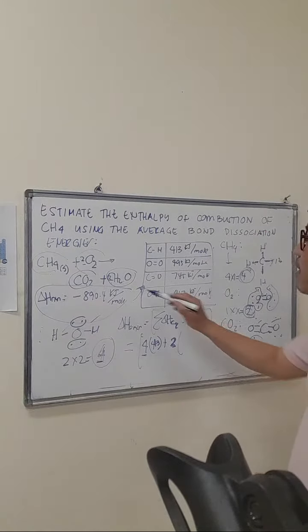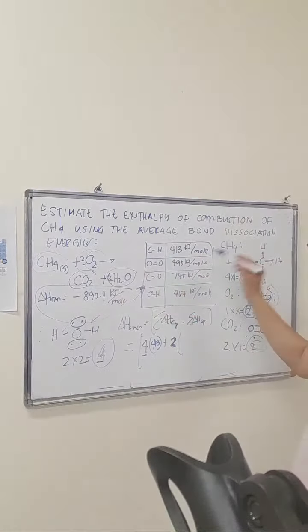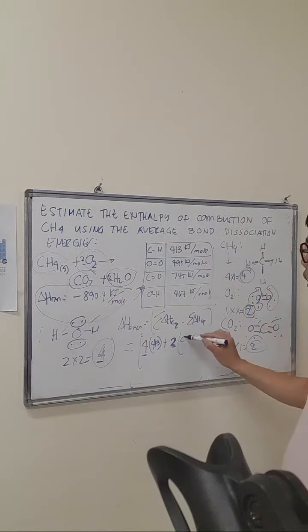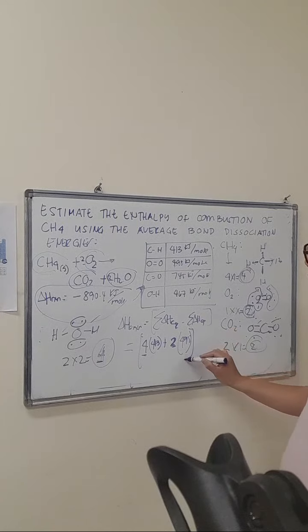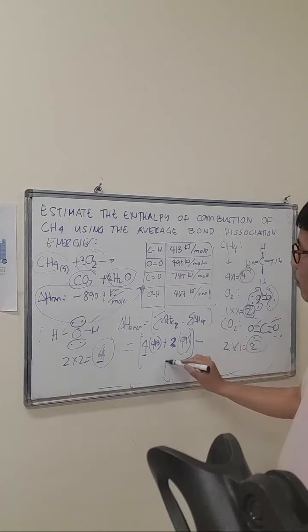2 times the oxygen gas bond enthalpy, which is 495. Then close the parenthesis, minus the products.